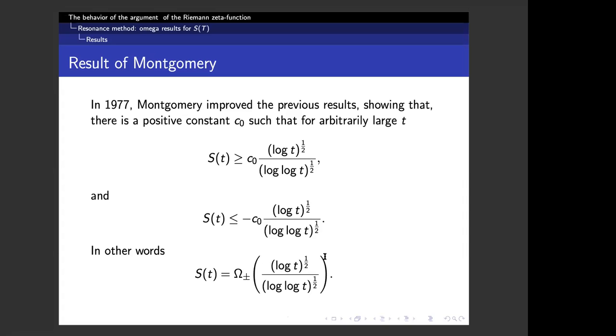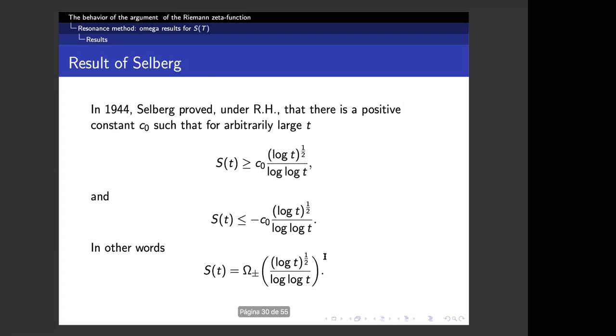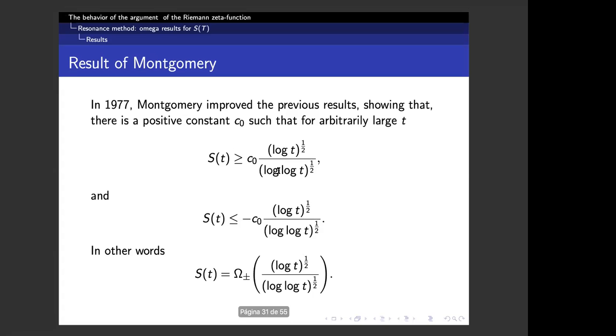Later, Montgomery in 1977 improved the previous result, where he replaced log t with a smaller power. So Montgomery improved the result of Selberg, and he established that S t is omega plus minus (log t)^(1/2) over (log t)^(1/2).